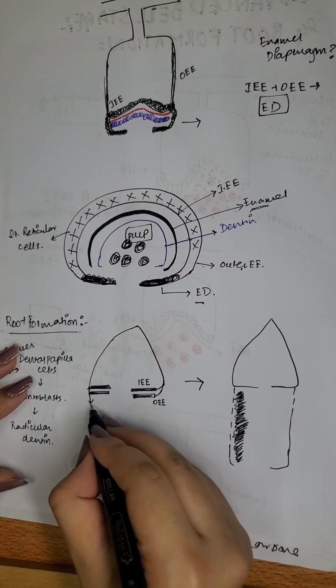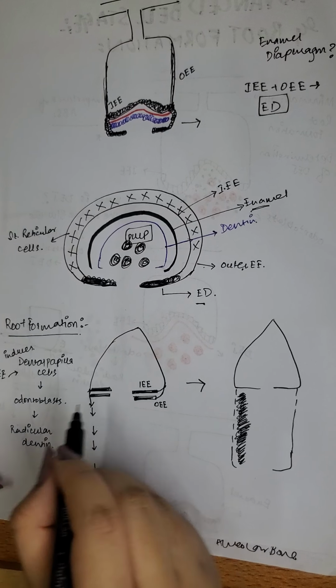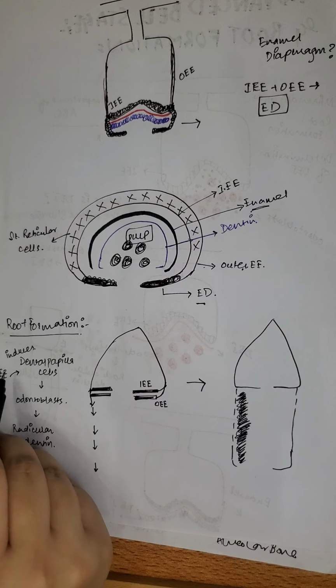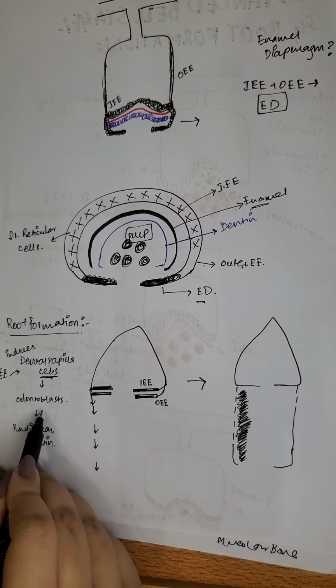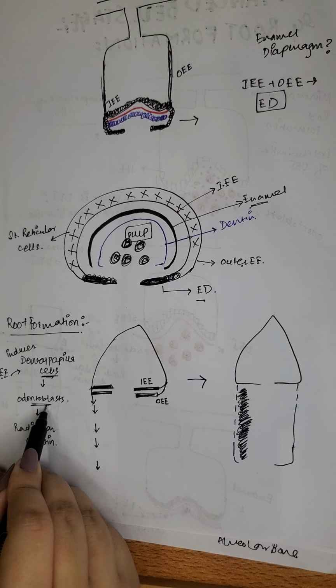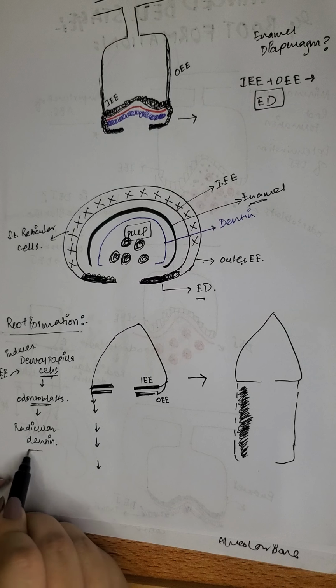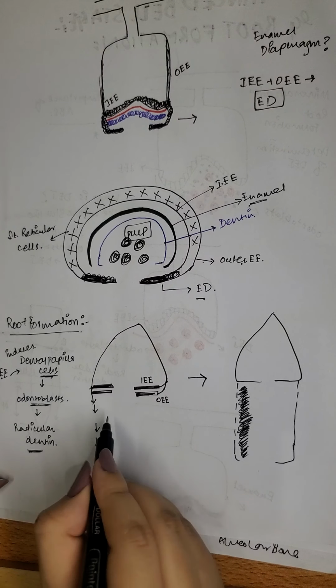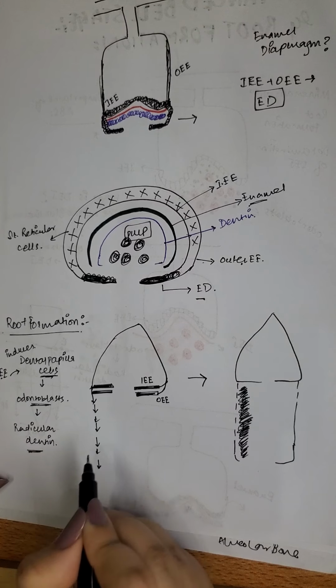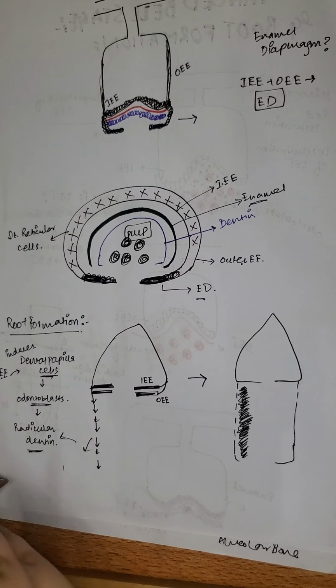This is the formation of what? The inner enamel epithelial layer induces the dental papilla cells, and they are going to form the odontoblasts, and these odontoblasts are going to form the radicular dentine and the dentine that is present on the root surface. The arrows I have drawn, this is the radicular dentine.